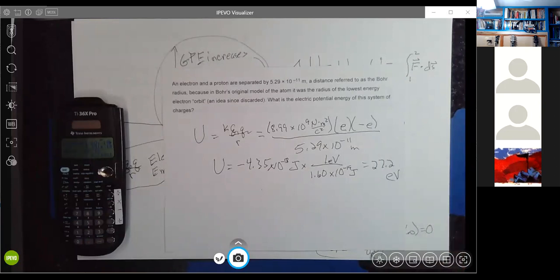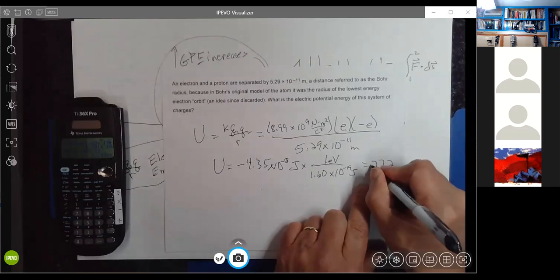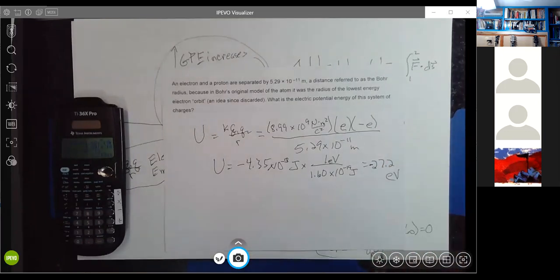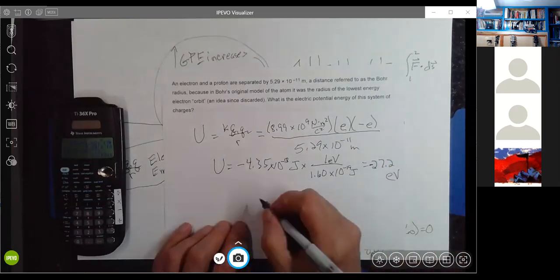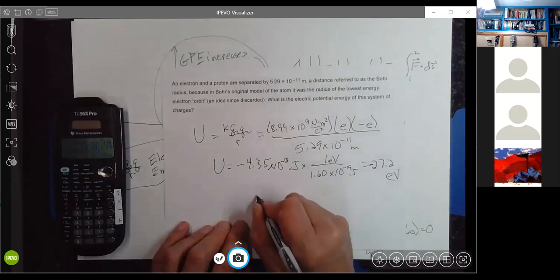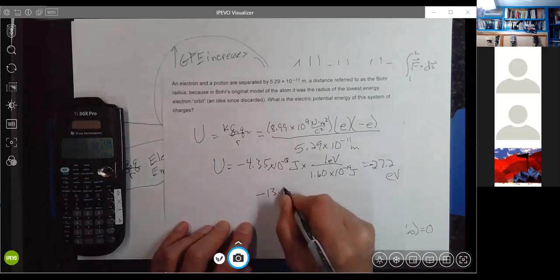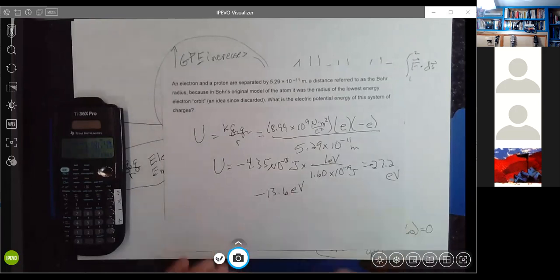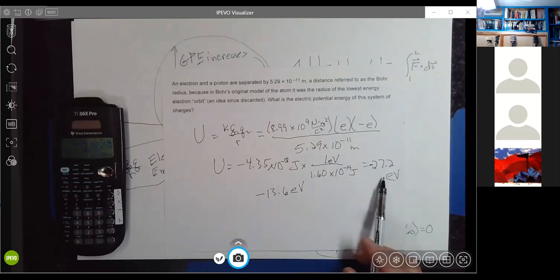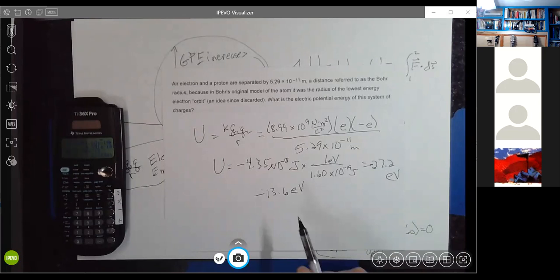27.2 electron volts. If you've taken majors chemistry, oh, it's got a minus sign on it. Did you ever learn anything about an energy of minus 13.6 electron volts? Does that sound familiar? It's exactly half of that, as it happens.